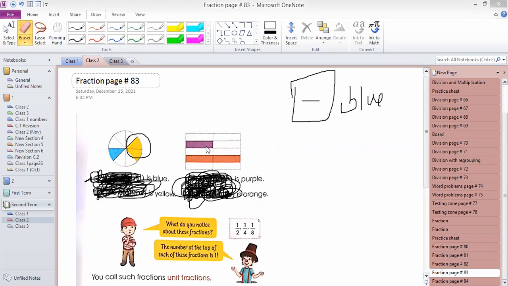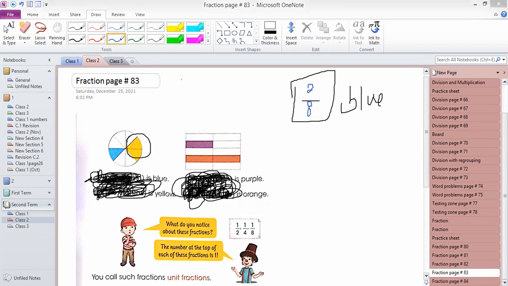Muhammad Momin, can you tell me what is the fraction of the yellow portion? Yes, tell me. 2 over 8.